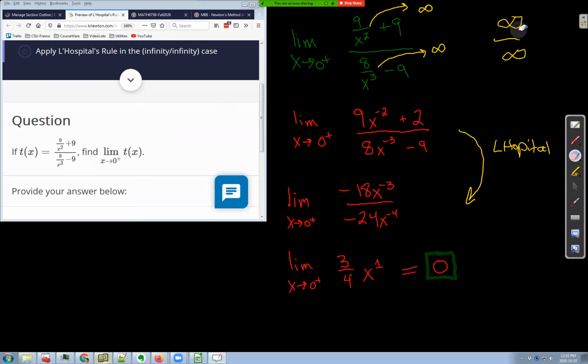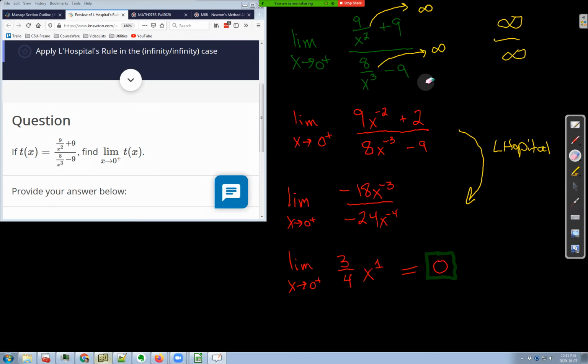Once you've verified that you have an indeterminate form, then find the derivative of the top divided by the derivative of the bottom. It might be useful to simplify before you find derivatives, because that'll make your life easier. And then if you have a limit you can evaluate, you evaluate the limit and you're done.